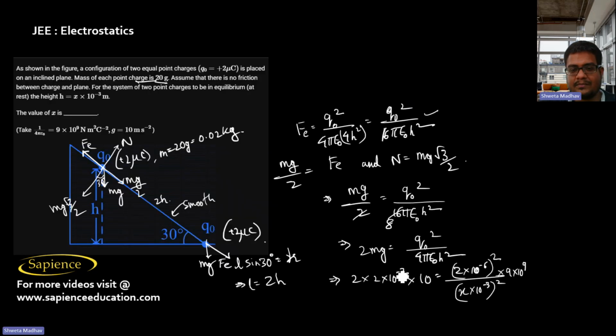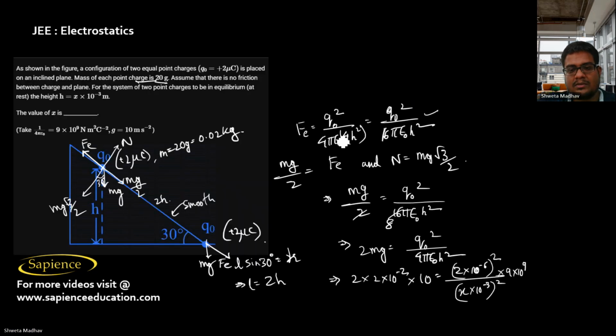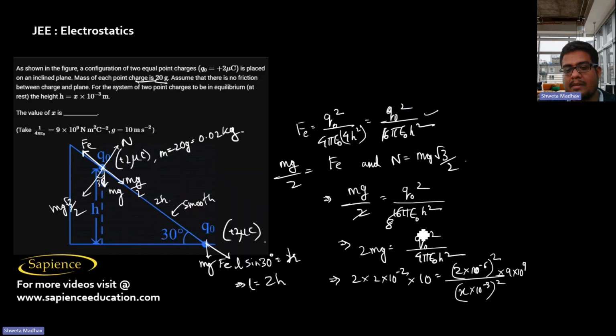So this will be 4 into 10 power minus 1, which is 0.4. Then the square is 4 into 10 power minus 12, divided by x squared into 10 power minus 6, into 9 into 10 power 9.